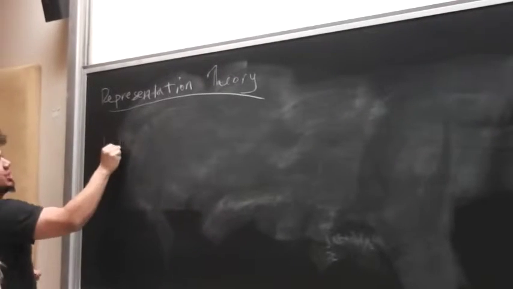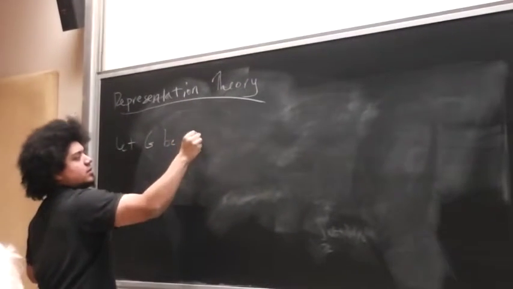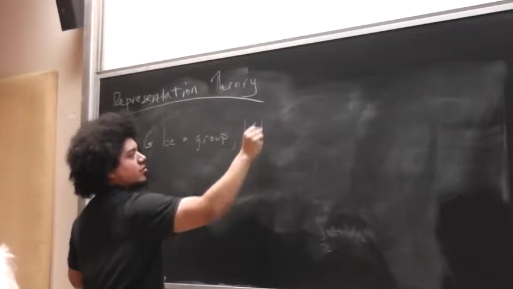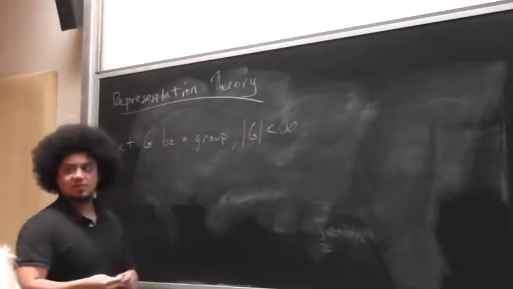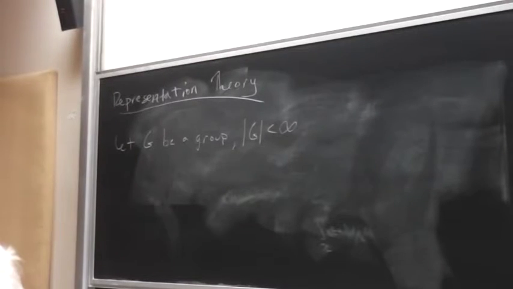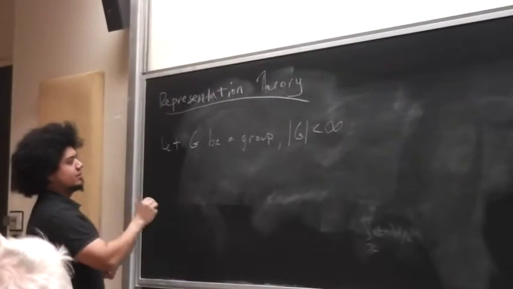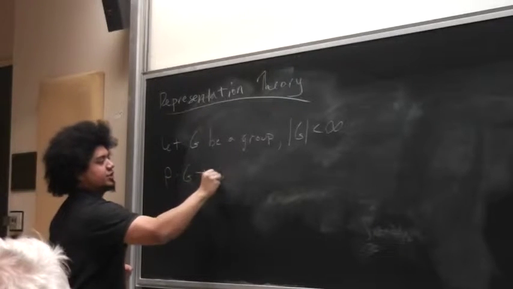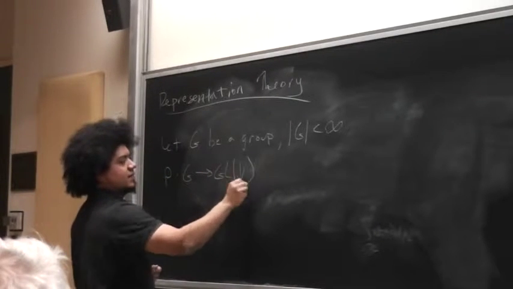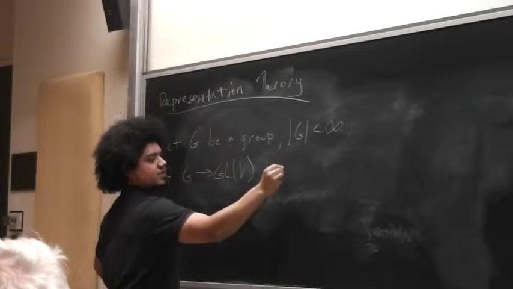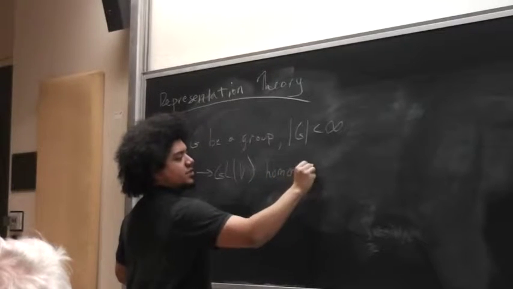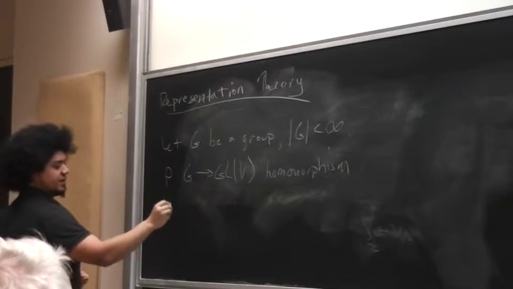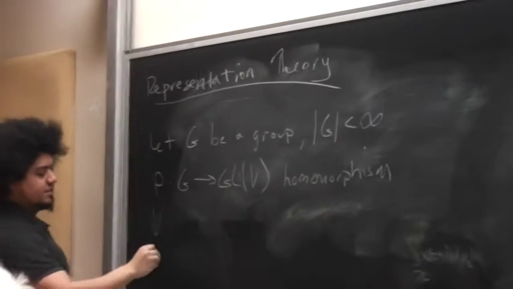So let G be a group. And for our purposes, the order of the group will be finite. And consider a representation rho from G to GL of V. This is just going to be a homomorphism of groups, where V is finite dimensional in our case.